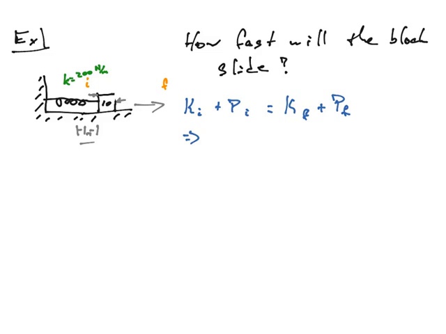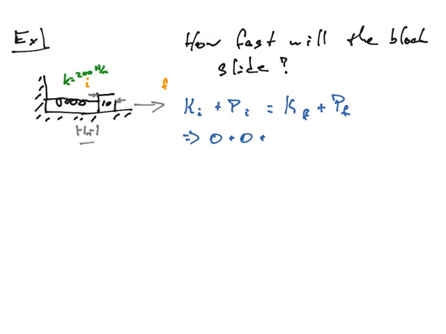No, I'm not moving. I'm just sitting there being held with the spring compressed, ready to be released. So, 1/2 mv squared is 0. All right, mgh, am I some height above the ground here? No, I'm sitting on the floor, no height above the ground, so it's just 0.